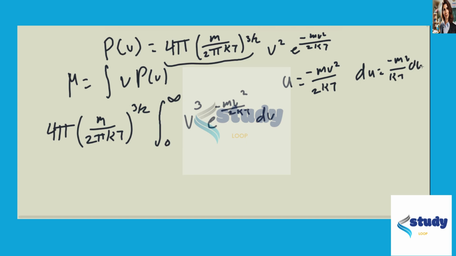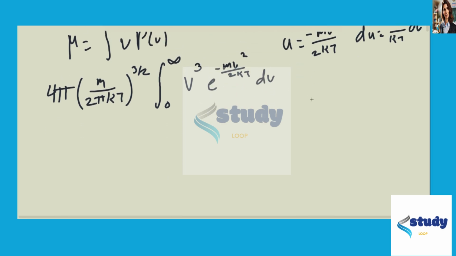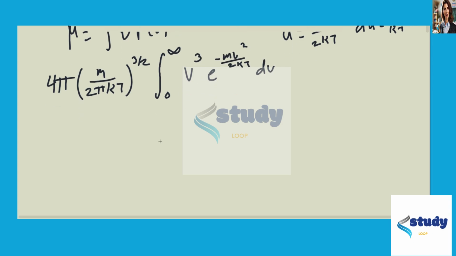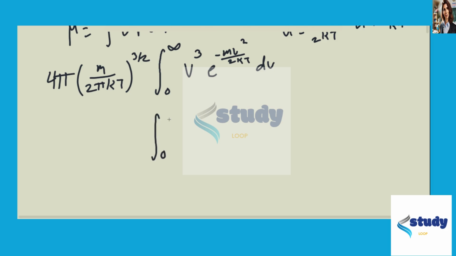dv, right? So just by thinking ahead a little bit, I want to see v cubed instead as v squared times v.